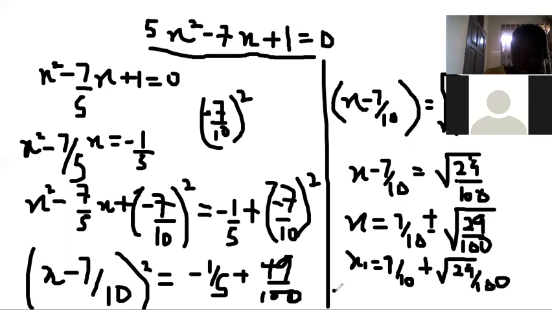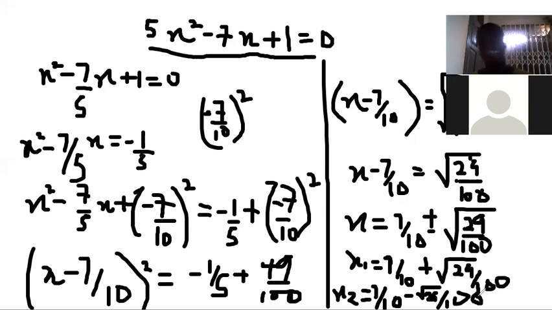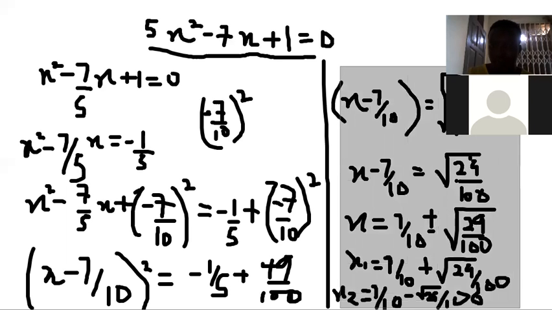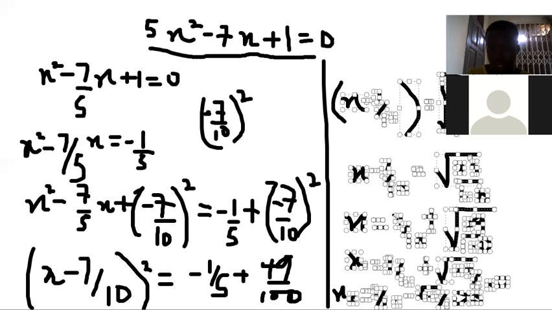Then the second x will be equal to 7/10 minus root 29/10. You can find it on your calculator, and that will give you the answer. So that's how it works. When you point on a calculator and get it, you can get it in decimals. So you write the decimal answer.